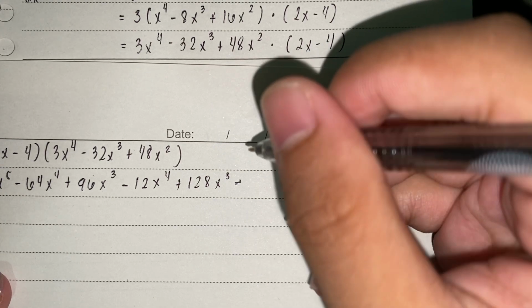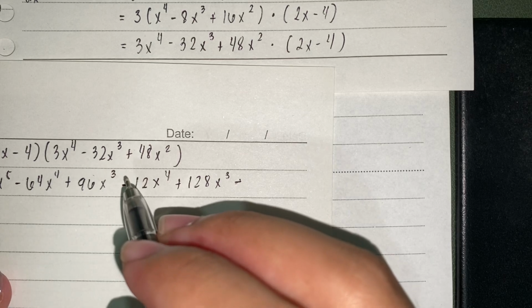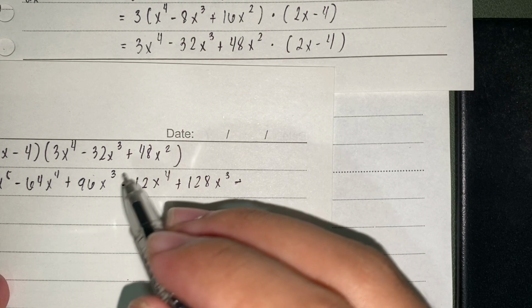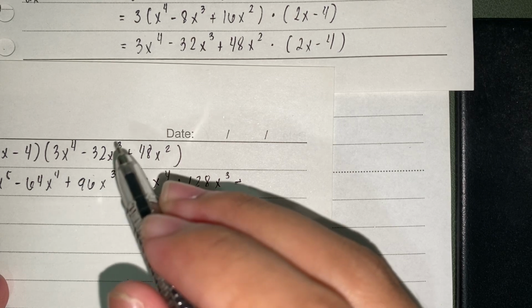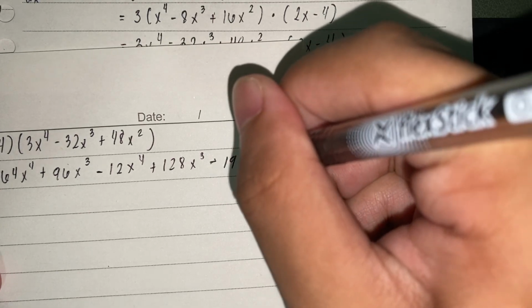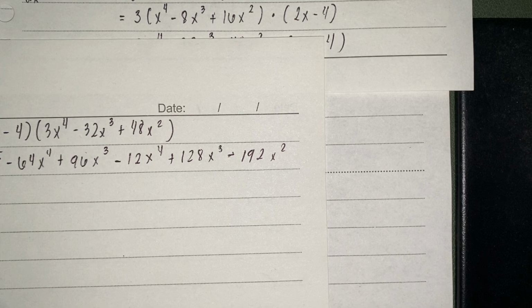Minus negative 4 times 48x squared, that is 48 times 4, that is 192x squared. Hold on, let me check that. I'm just doing mental math. Sorry. 48 times 4. Oh, it's correct.